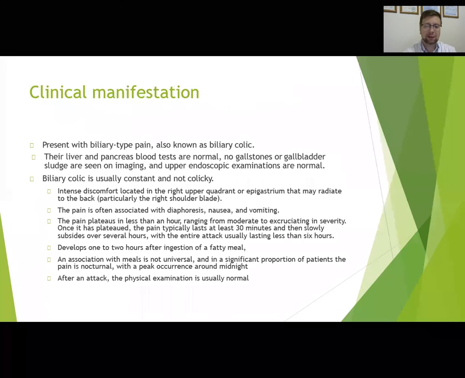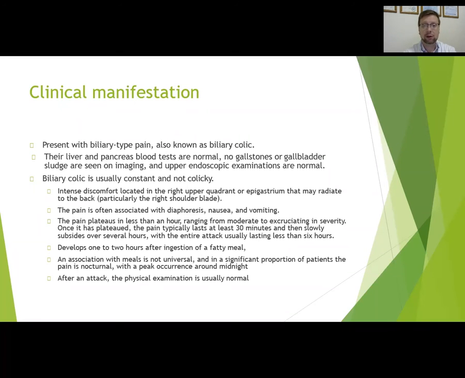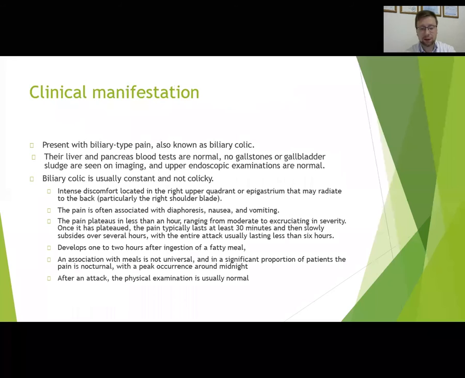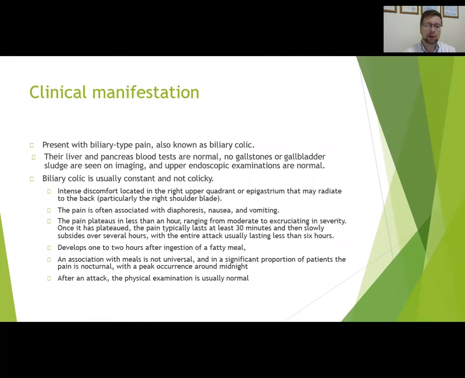If we talk about the clinical manifestation, we talk about the presence of biliary-type pain, also known as biliary colic. You know, we have renal colic, and this is biliary colic. Their liver and pancreas blood tests are normal, no gallstones or gallbladder sludge are seen on imaging, and upper endoscopic examination is normal. Biliary colic is usually constant and not colicky. It is intense discomfort located in the right upper quadrant or epigastrium that may radiate to the back, particularly to the right shoulder blade.